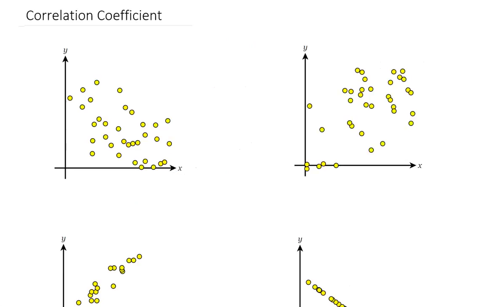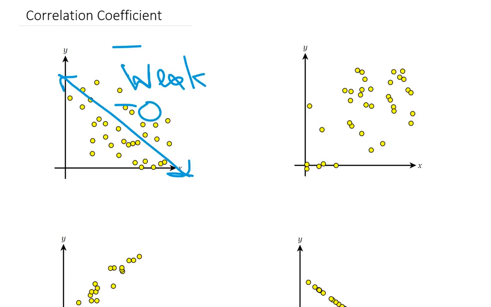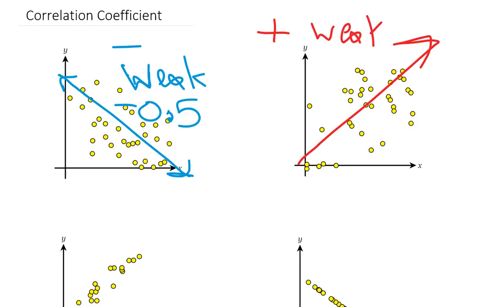If I just look at correlation coefficients, in my first one here, for the most part, I can see I have a negative trend. And I would say, since these are pretty spread out, it's a negative weak correlation, which would give me a value of probably negative 0.5. If I look at the second one now, it's kind of the same thing, except it's increasing. So I would say this one has a positive weak correlation, which means I can see that the numbers are increasing, but they're really not that close to that line of best fit.